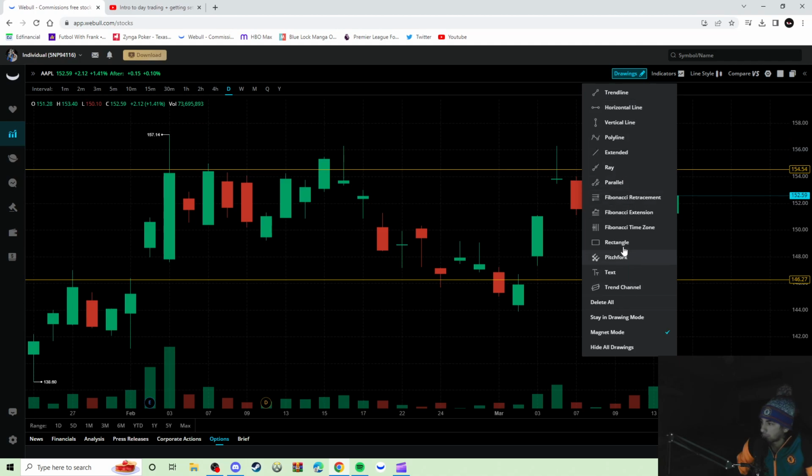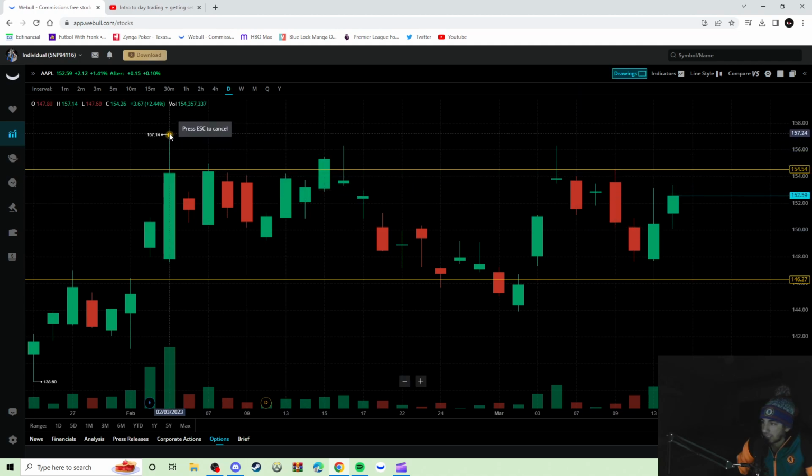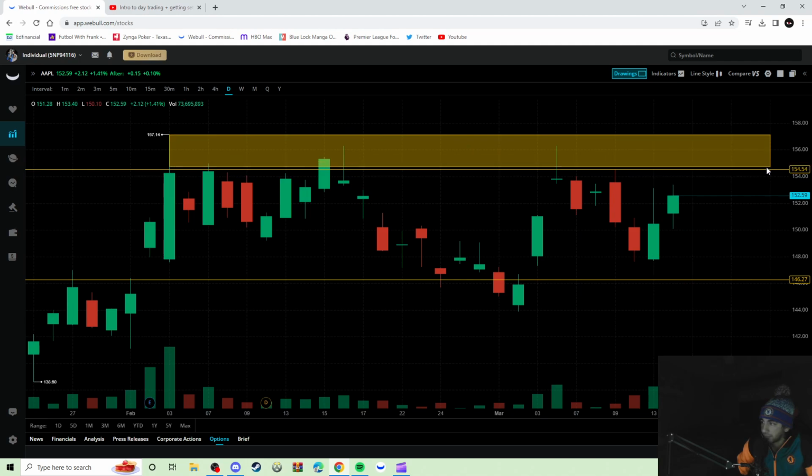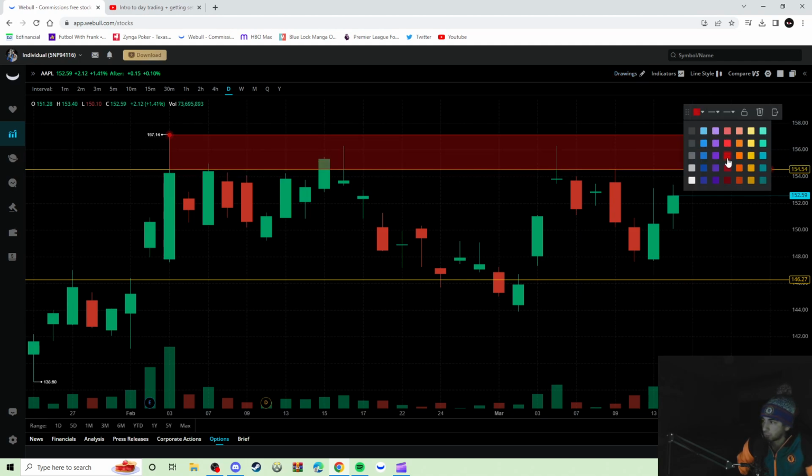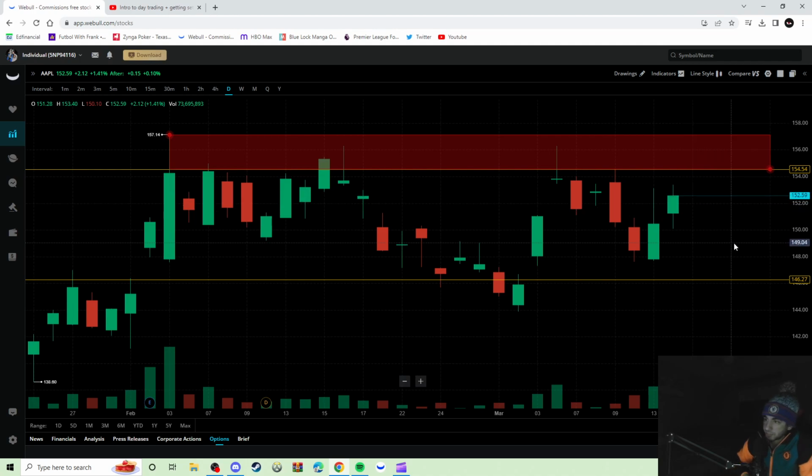What I'm going to do is draw a rectangle, and I could see that usually anywhere from this area here would probably be a good opportunity to short the stock, short Apple, which means that you would look for the stock to go down. You would want the stock to go down in order for you to make money. If you short something, you want the price to go down.